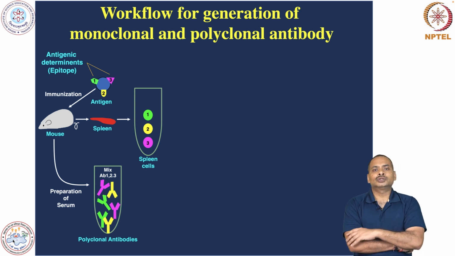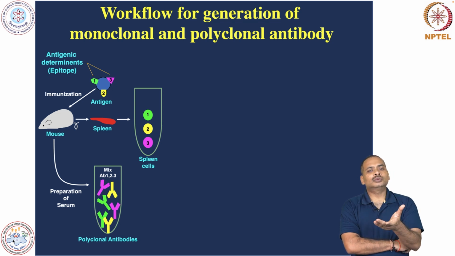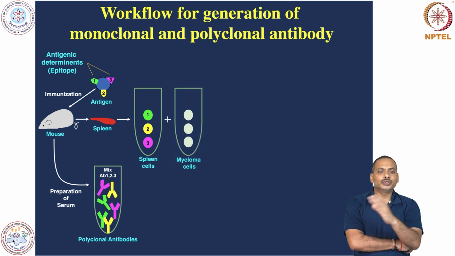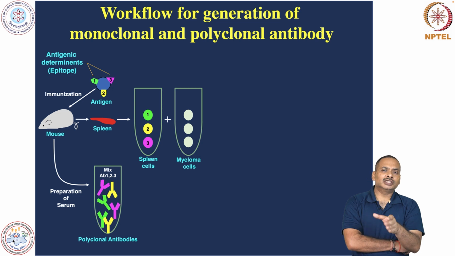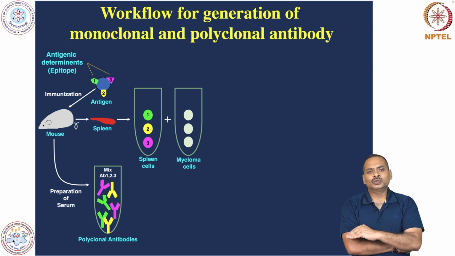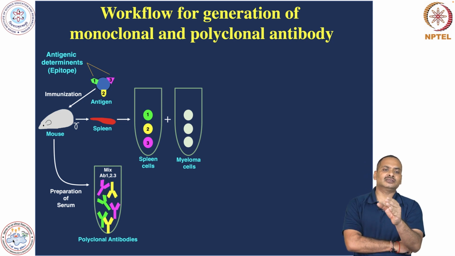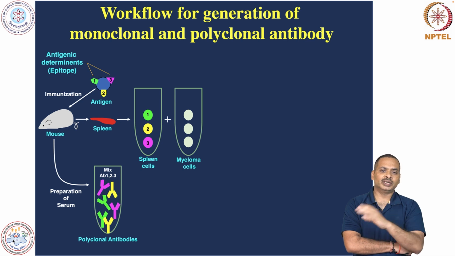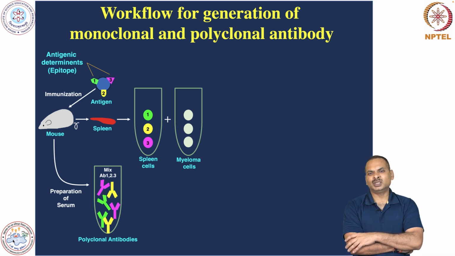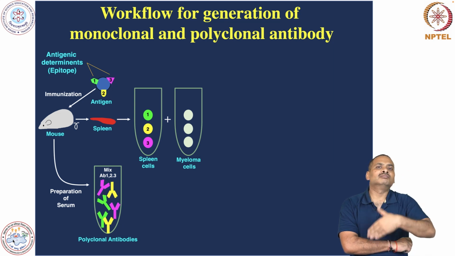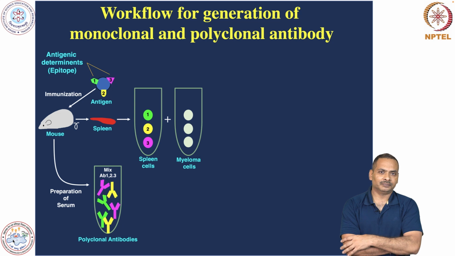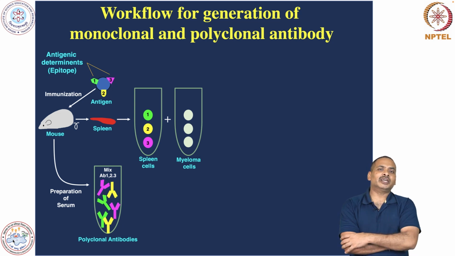After that, you need to fuse these cells with myeloma cells. The myeloma cell is basically a cancerous B cell. Try to understand that the green, yellow, and purple cells cannot multiply for a long time, because they are primary cells.